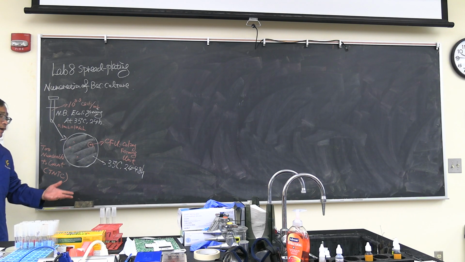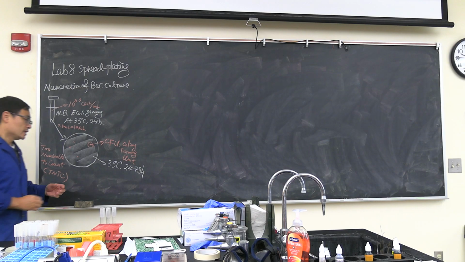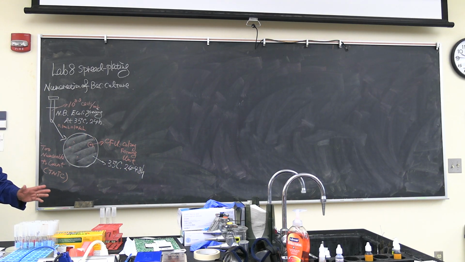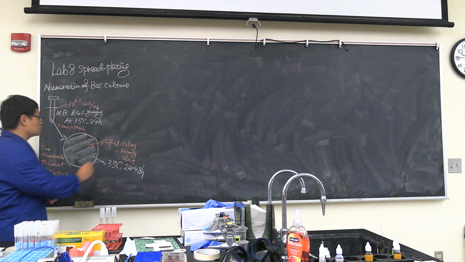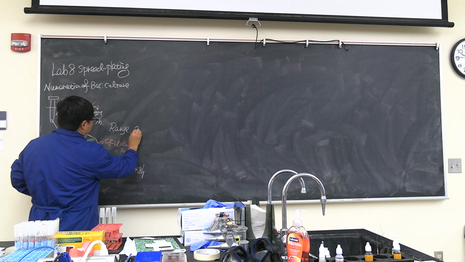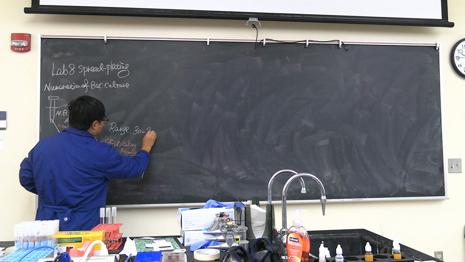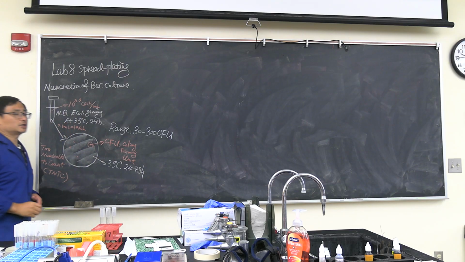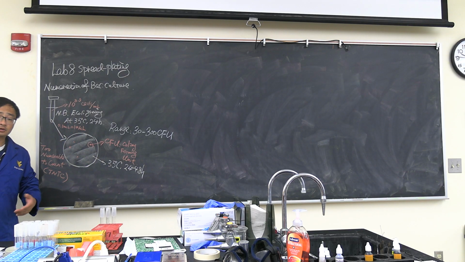Also, in the microbiology area, there is a standard number on the plates for the colony forming units which is acceptable. The range is 30 to 300 CFU. That's the acceptable range. So what should we do?